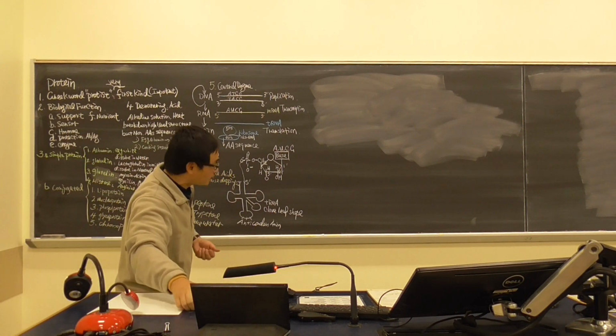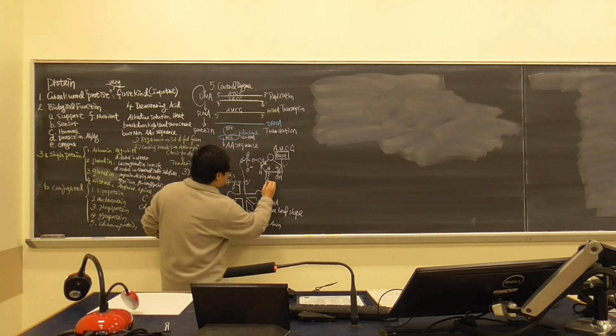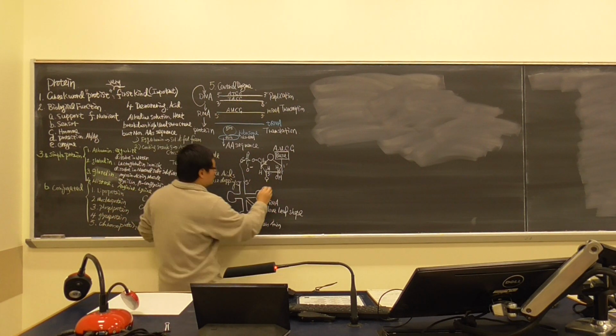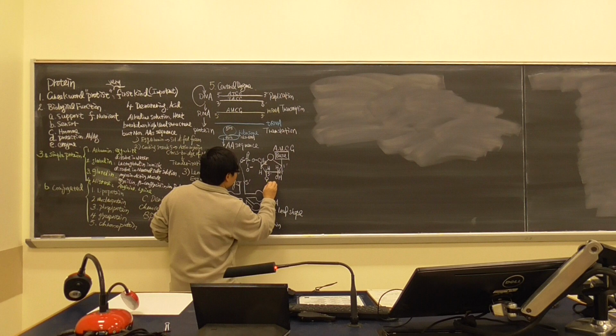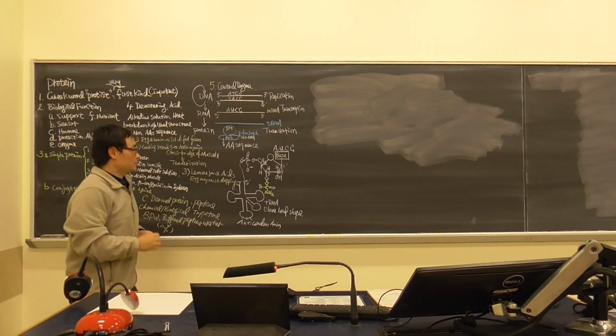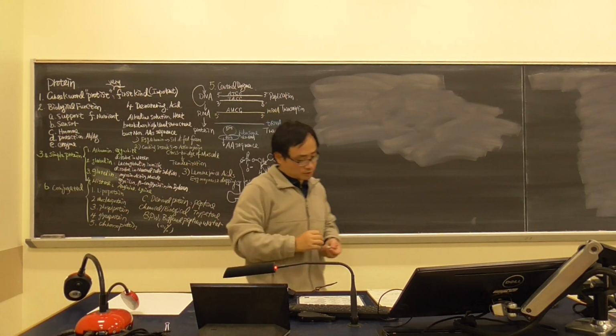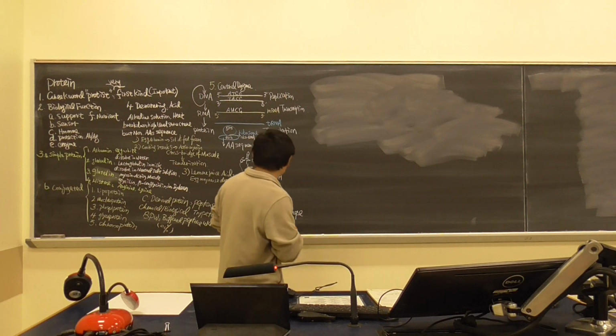That's always at 3 prime. So 3 prime is here. You connect with double-bonded O, and you connect with R, and you connect with NH2. Okay, so that's what the procedure looks like.